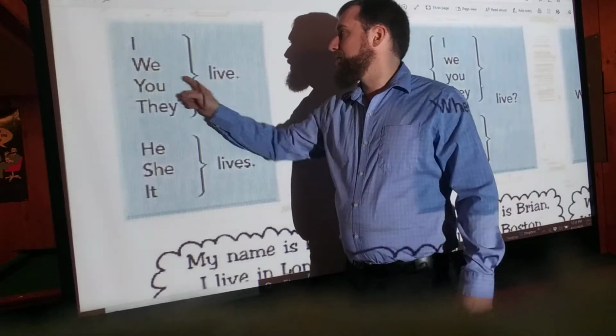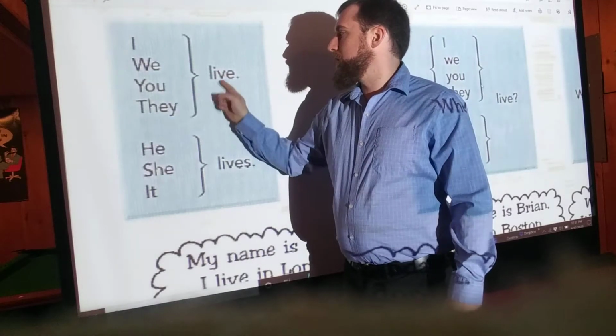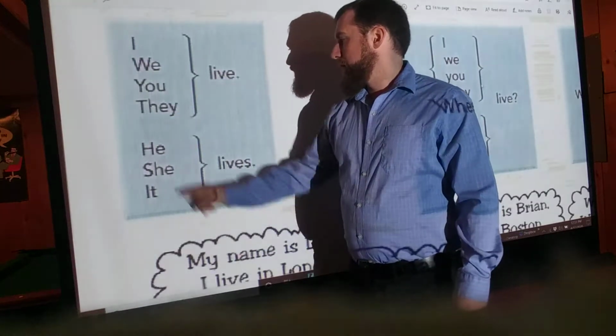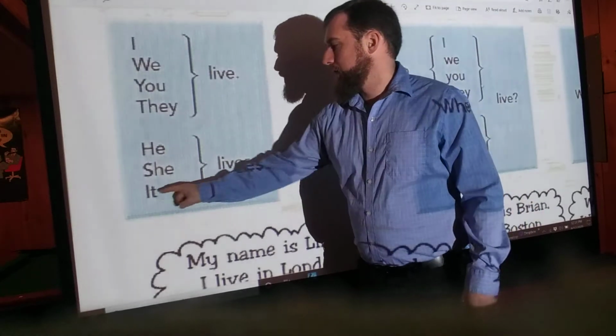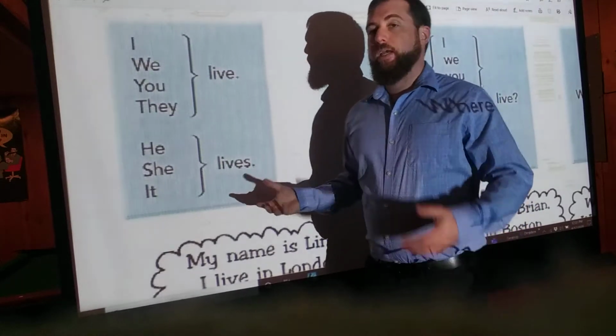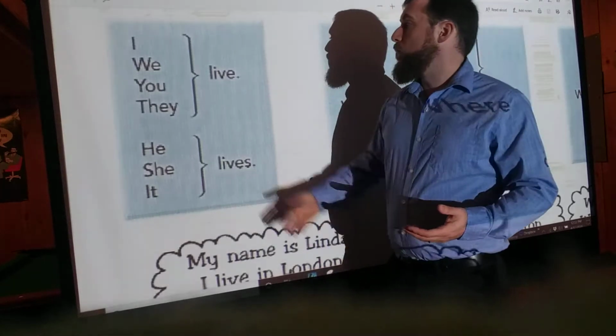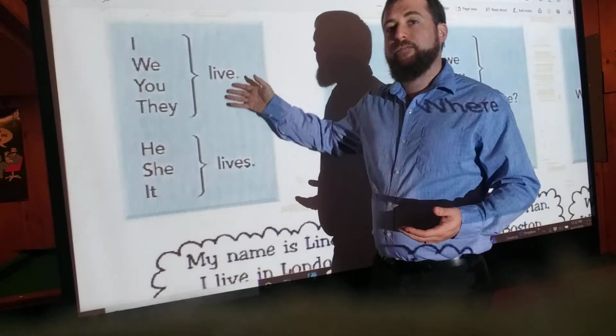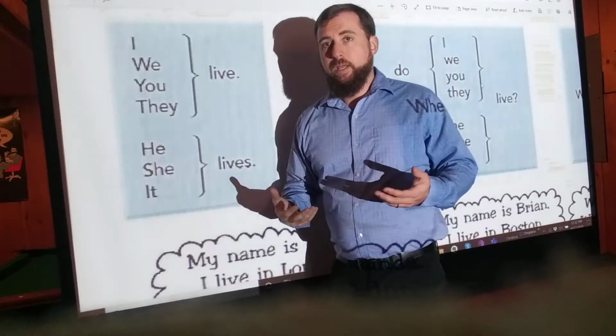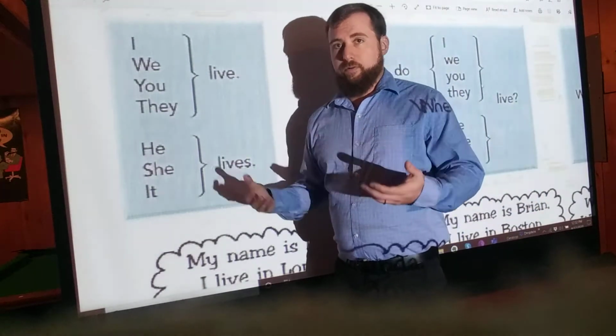So: I live, we live, you live, they live, he lives, she lives, it lives. Again, this is the lesson we're driving home. When do we have this S and when do we not have the S? And live is just our example verb. This rule is true for any verb.